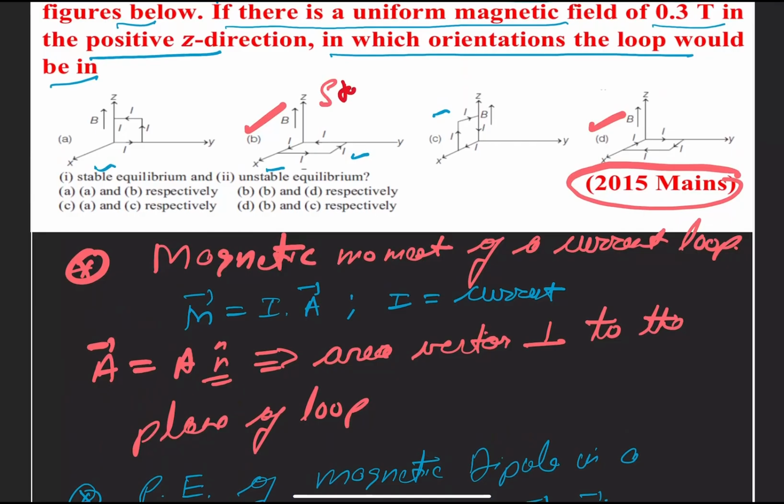Option numbers 1 and 3, A and C, are our neutral positions, and orientation 2, that is B, is stable, and D is unstable.